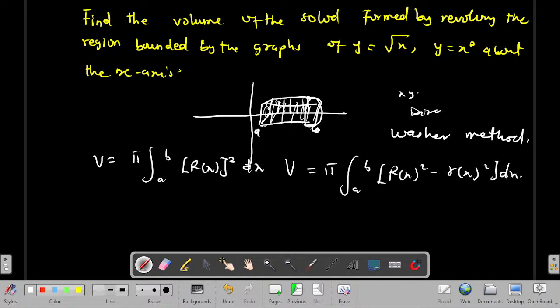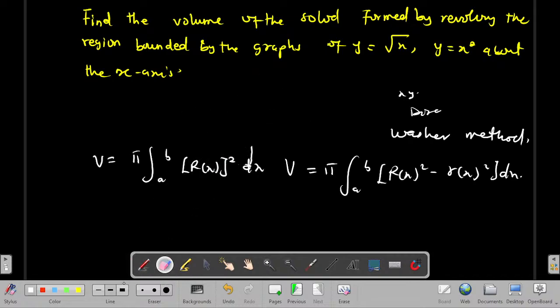Meaning that in this situation, one function will be bigger than the other; when I take the squares and subtract, that will give the volume. That's why this is called the washer method. But the question now is I have y equals square root of x and y equals x squared, which one will be bigger?